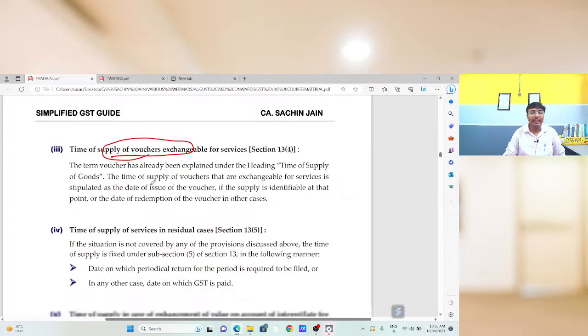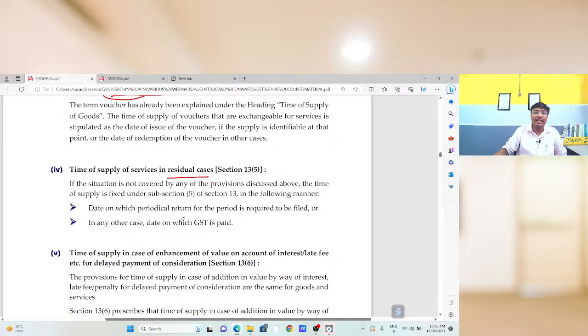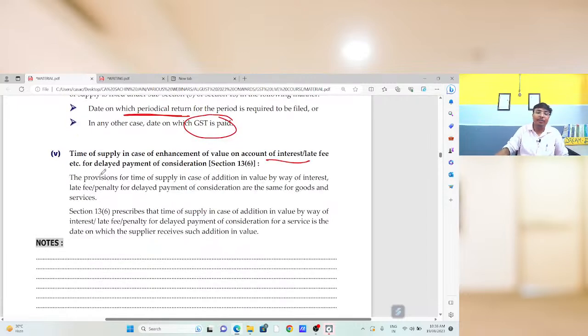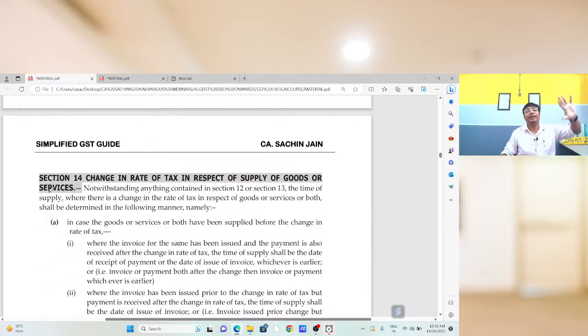So next, in case of residual cases, the date of periodical return filing or GST payment, or in case there is addition on account of interest or late fees, the date of addition will be treated as the time of supply. So section 12 and section 13, we have completed. Section 12 is applicable in case of supply of goods, and section 13 is applicable in case of supply of services.